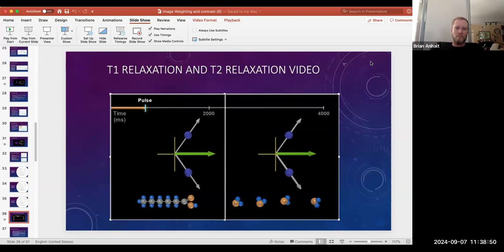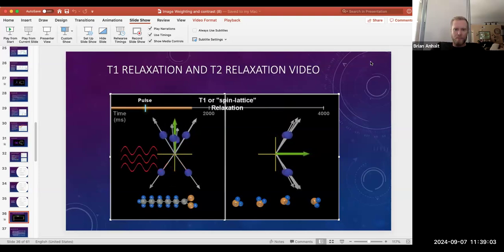The protons associated with the free fatty acids, being relatively fixed in position, decay rapidly as the spins push away from one another. They also give up their absorbed energy more rapidly as they fall back to baseline in a T1 or spin lattice relaxation, depositing heat energy into the surrounding tissues and regrowing the longitudinal magnetization.